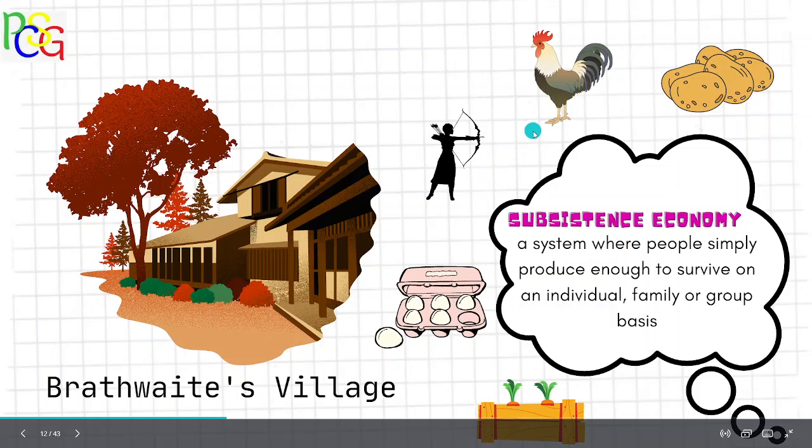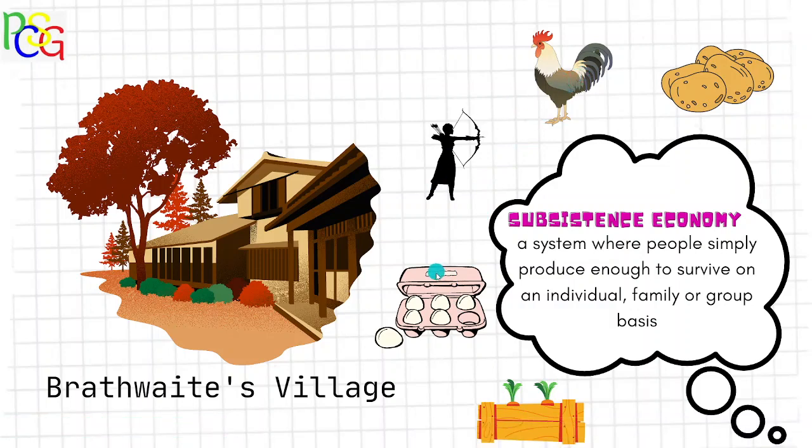They raise their own animals. They have their own eggs. They hunt, all that stuff. And they're basically producing enough to survive. This is called a subsistence economy, where people produce enough to survive on an individual, family, or group basis. Y'all understand?